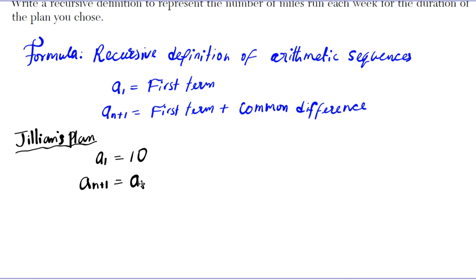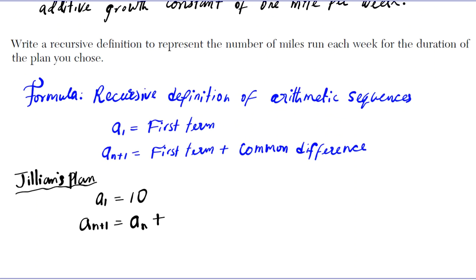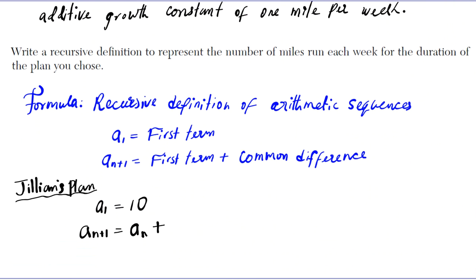Or actually, it's A sub n plus the common difference, which is 1. So a sub n plus 1, the next term, is going to be the nth term plus the common difference, which is just 1, starting from 1.